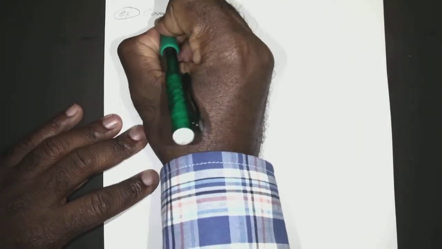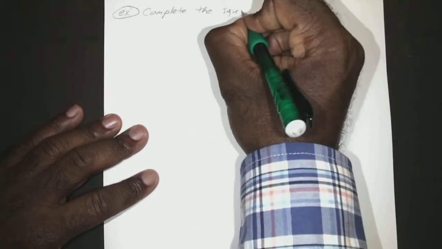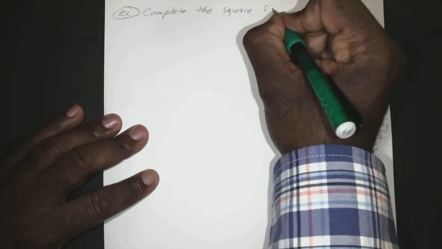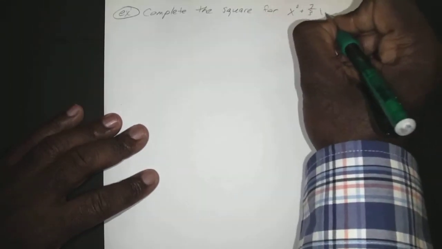Okay, so let's say, for example, we wanted to complete the square for x squared plus 7 over 3x.